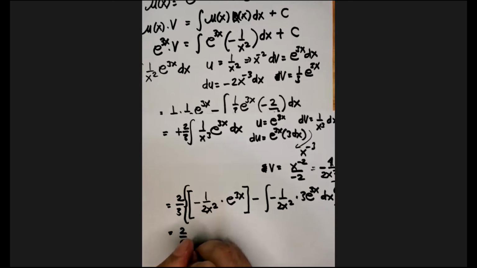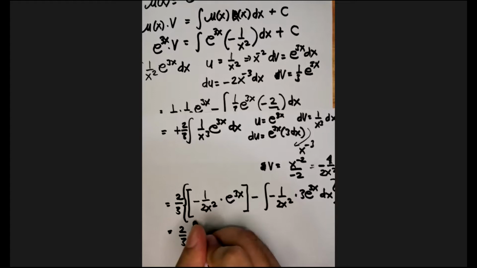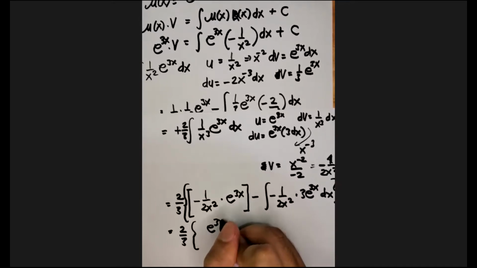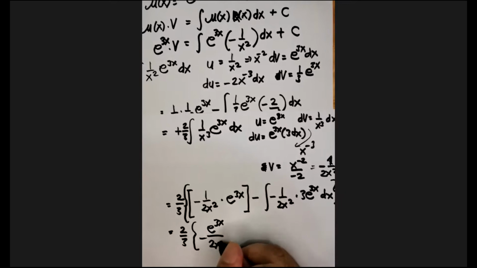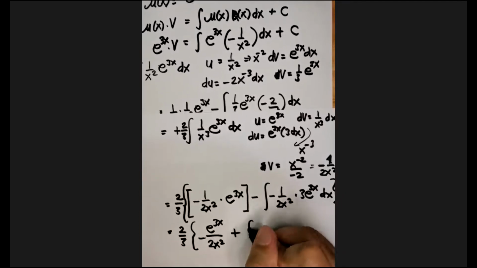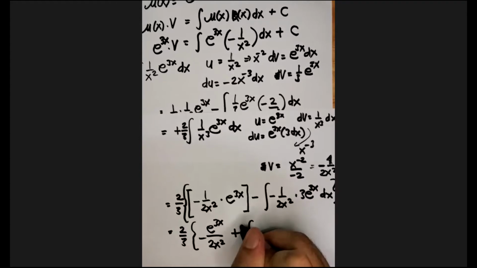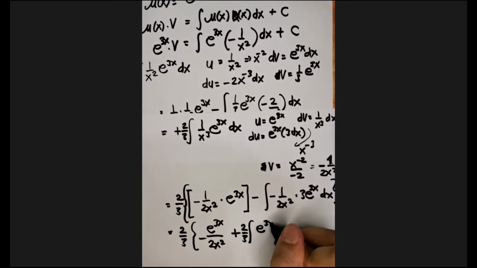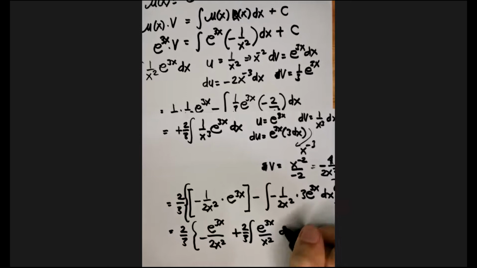Ayan, sa pagkakamali ko, ito yung nangyari sa ating problem. Naging 2/3, lumala, times e raised to 3x over negative 2x² plus the integral of 2/3 e raised to 3x over x² dx.